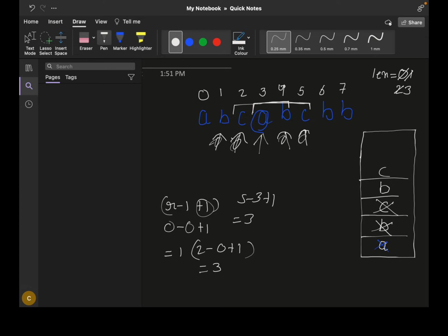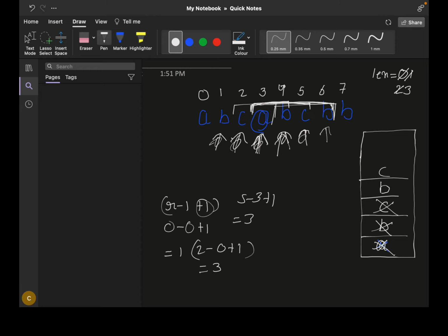Again the right pointer moves here, and now our current substring is this one. We shrink our substring from the left pointer by removing A from here, and now the left pointer moves here. Now our substring is this, and we again check whether B is contained or not.